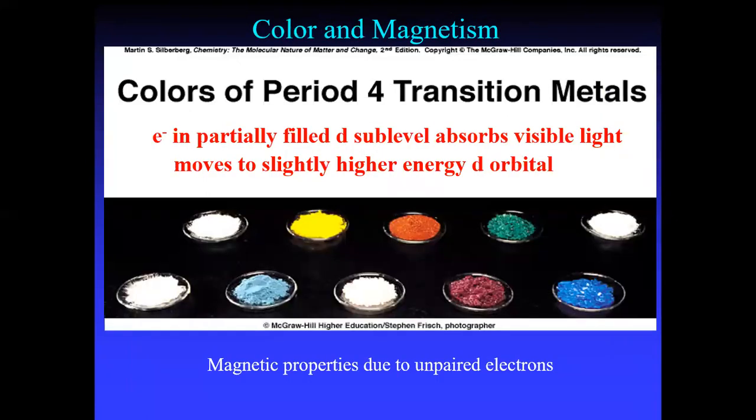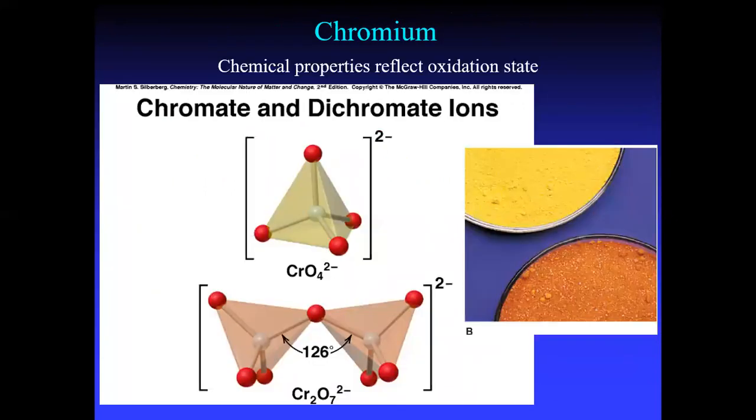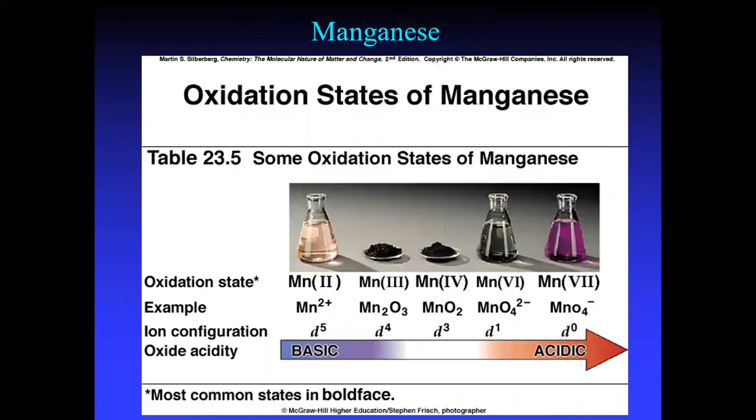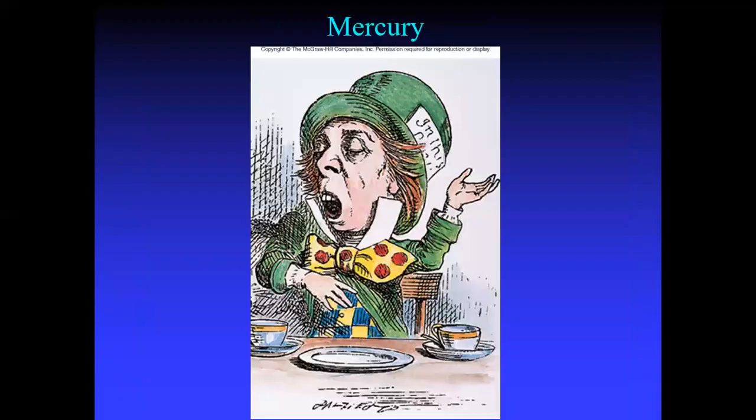The color properties are also discussed. Even the magnetic properties, which are due to unpaired electrons. Here are the color properties of different compounds. The valence state, electronegativity nature, the oxidation state, and how the acidity and basicity are increasing, have been discussed.